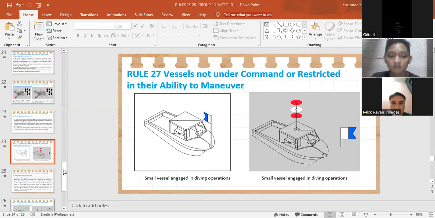Since it is flag Alpha, we know that Alpha means I have a diver down, a small vessel engaged in diving operations. So basically, it has a flag for diving operations because it is engaged in diving operations. That's why we have the flag here. And for the masthead lights, we have three all-round lights, which are red, with a white light in between.